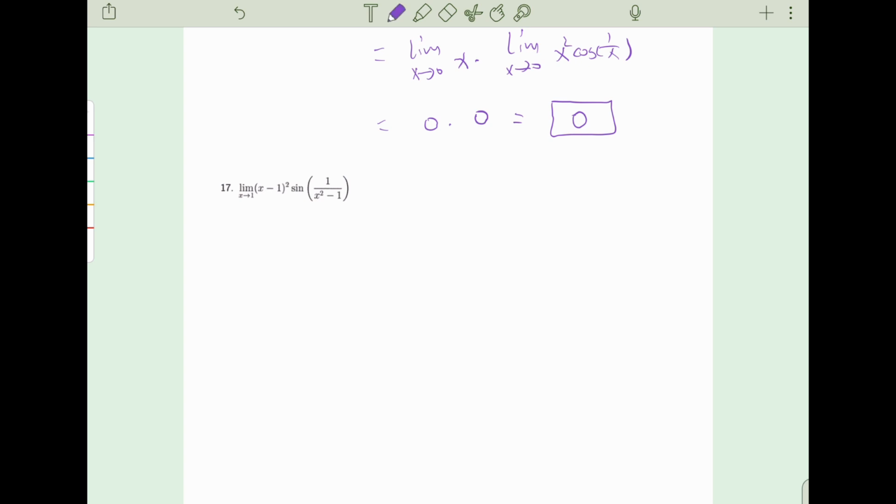Firstly, we know that this sine function is bounded between 1 and -1.